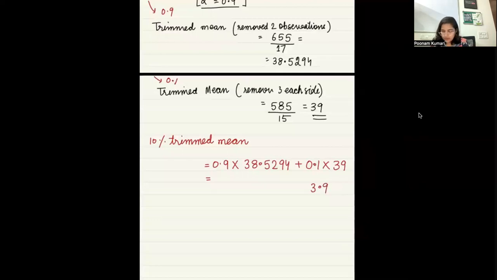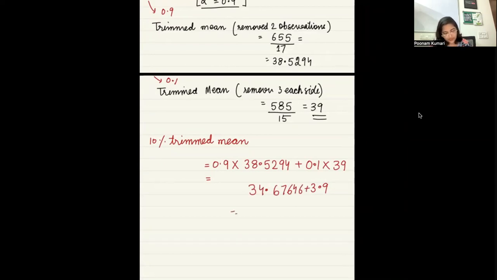And then this is 0.9 multiplied by 38.5294. So this is 34.67646. And then you add 3.9.